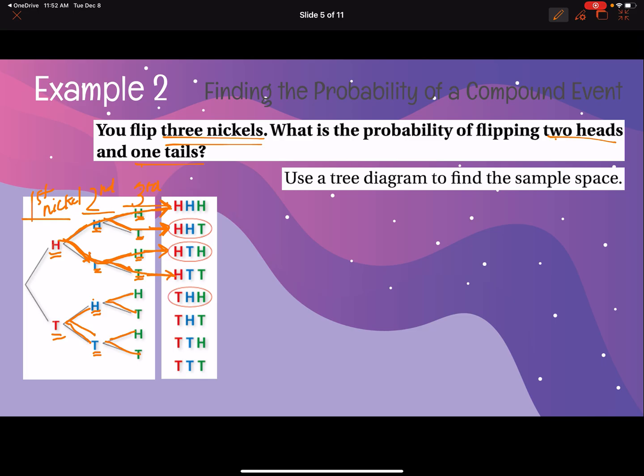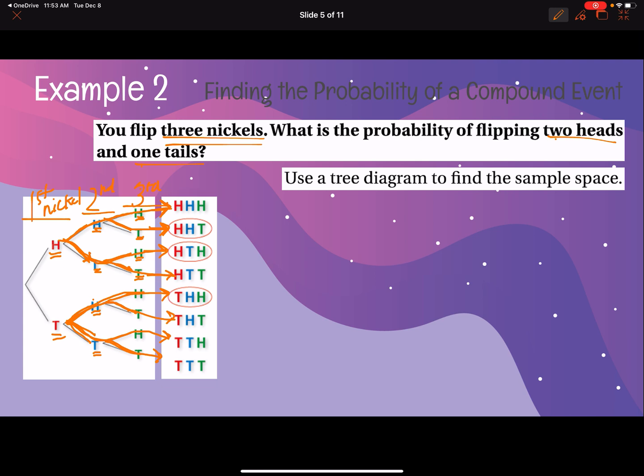And then if we started down here with our first nickel and we got a tail, we could go tail, head, head, tail, head, tail, tail, tail, head, tail, tail, tail. So those are all of our sample space that's listed there in that column.